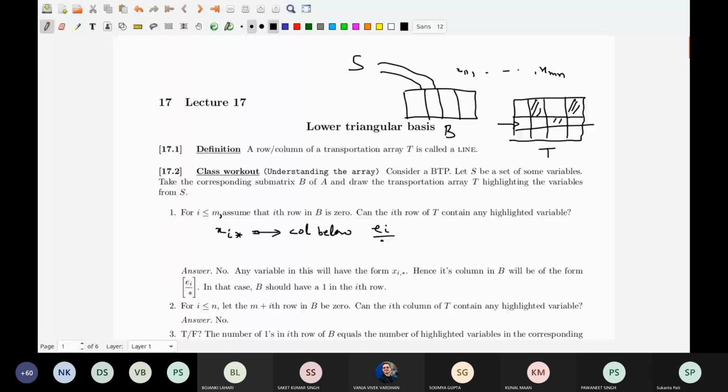So ei / star is a column of B. But that cannot happen because you said the ith row of B is 0. So that basically means any variable xi star cannot be in S, given that the ith row of B is 0.